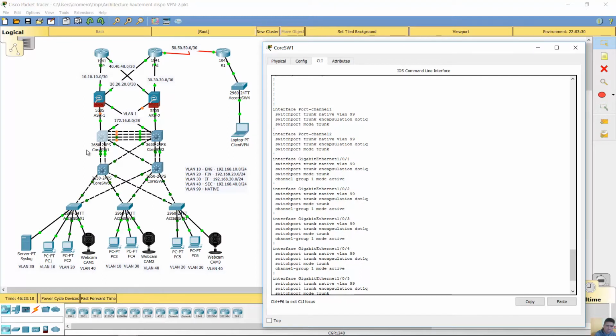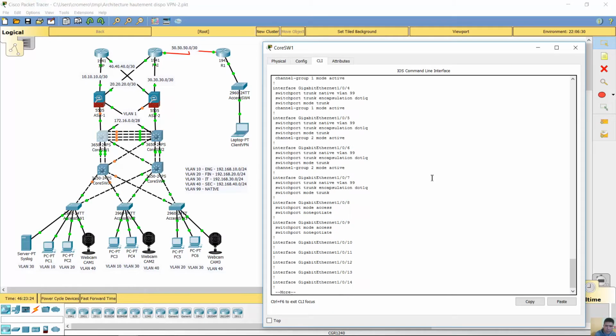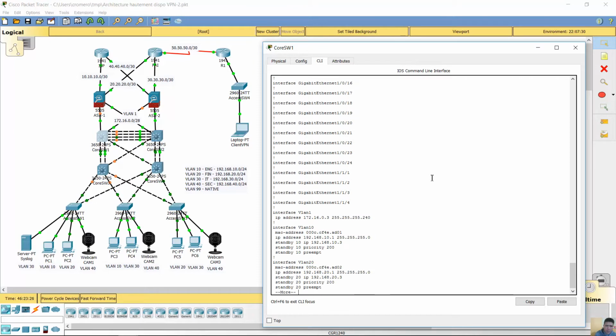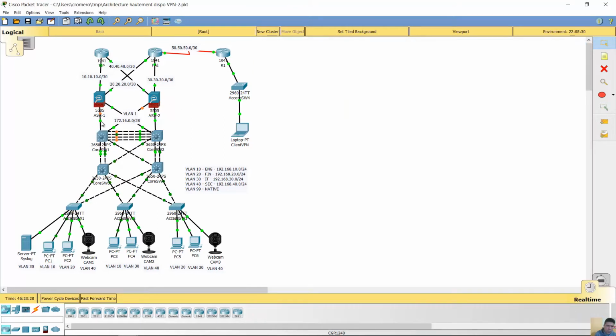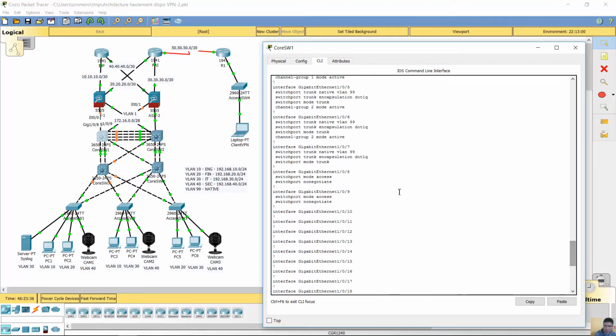This is port channel 2, port channel 1. Ports 8 and 9 are access, for the connection to the ASA.